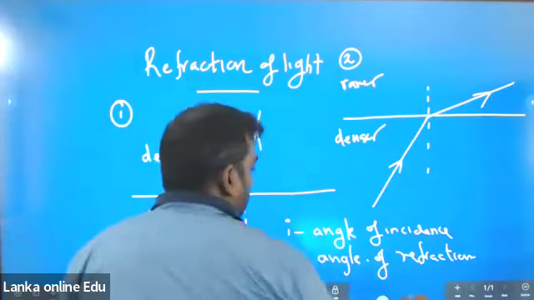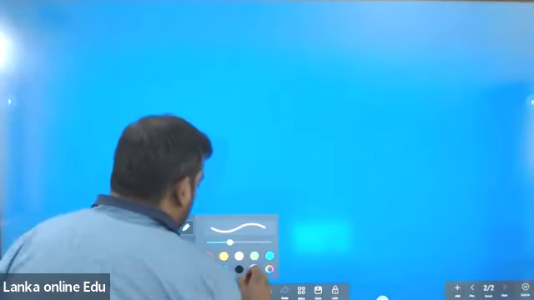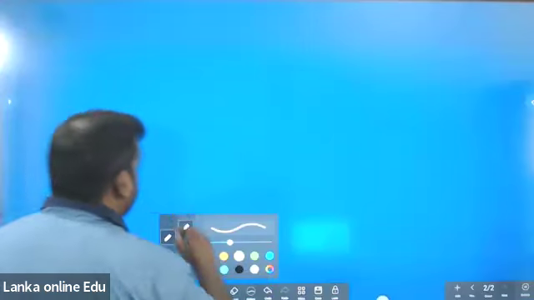Okay, right. Now these are the definitions.